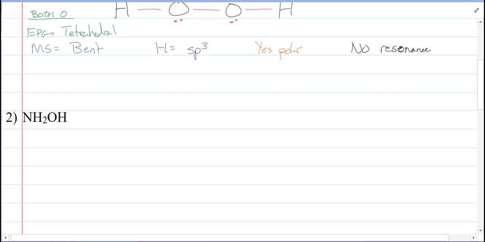NH2OH. Electron count. Nitrogen is 5 plus 2 times 1 plus 6 plus 1. 7 and 7 is 14 electrons. How is this arranged? Ooh.